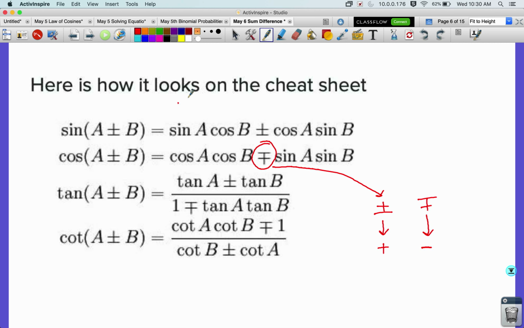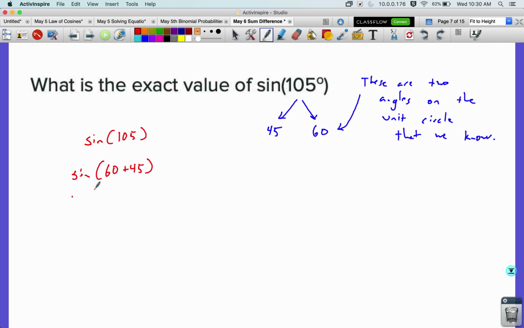Sine of A plus B becomes sine of A cosine B plus cosine A sine B. So this becomes sine of 60 cosine 45 plus cosine of 60 sine of 45.